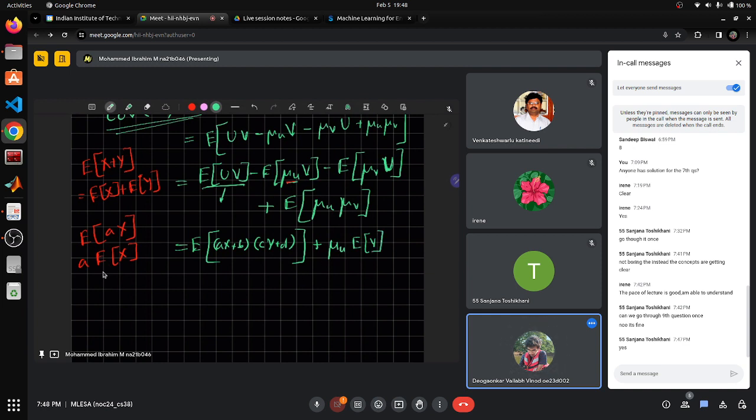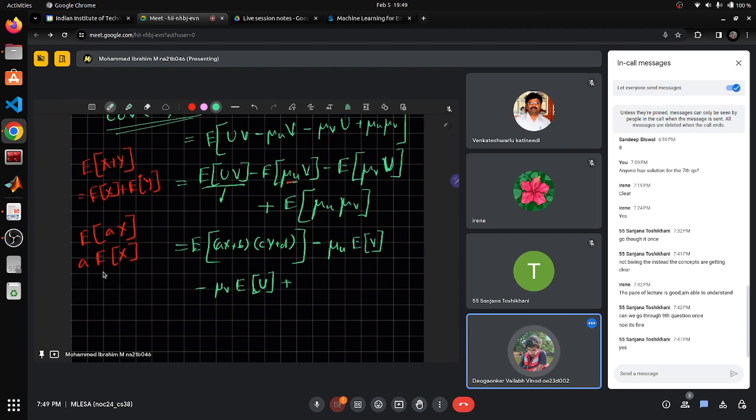Am I missing something here? Oh yeah, minus. This is minus. Okay, and then the other term is mu v times expectation of u, the same way, and then you have expectation of mu u into mu v, which is two constant terms.